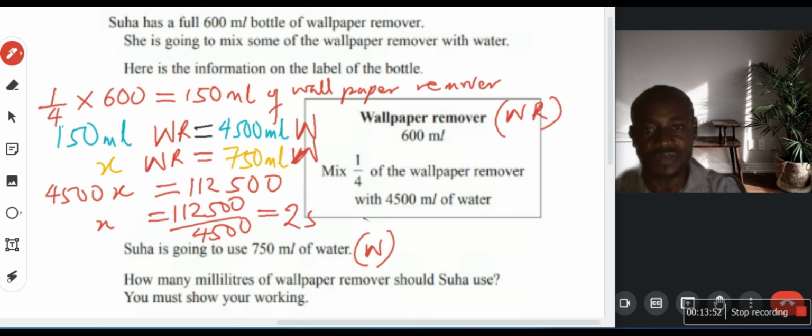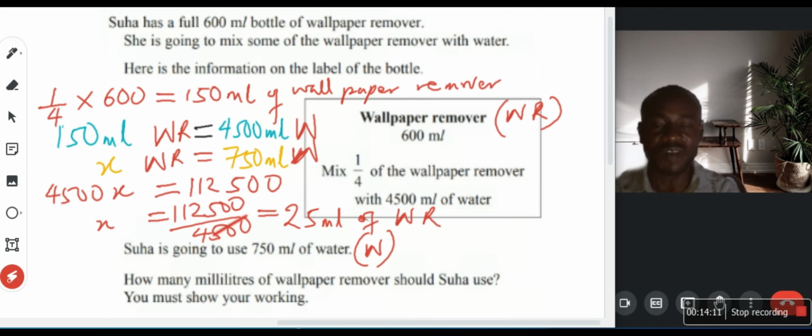That gives us 25 milliliter of wallpaper remover. So the answer is 25 milliliter.